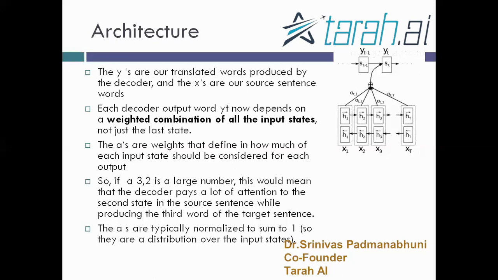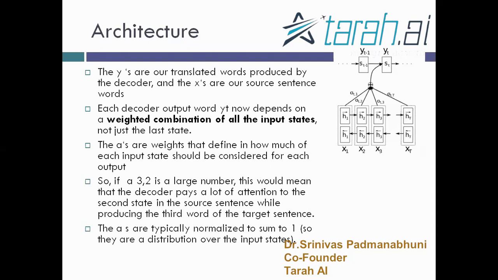So alphas are weights that define how much of each input state should be considered in deriving the y small t. So for example, if alpha 32 is a large number, that means the decoder is paying a lot of attention to the second state in the source sentence while producing the third word of the target sentence.